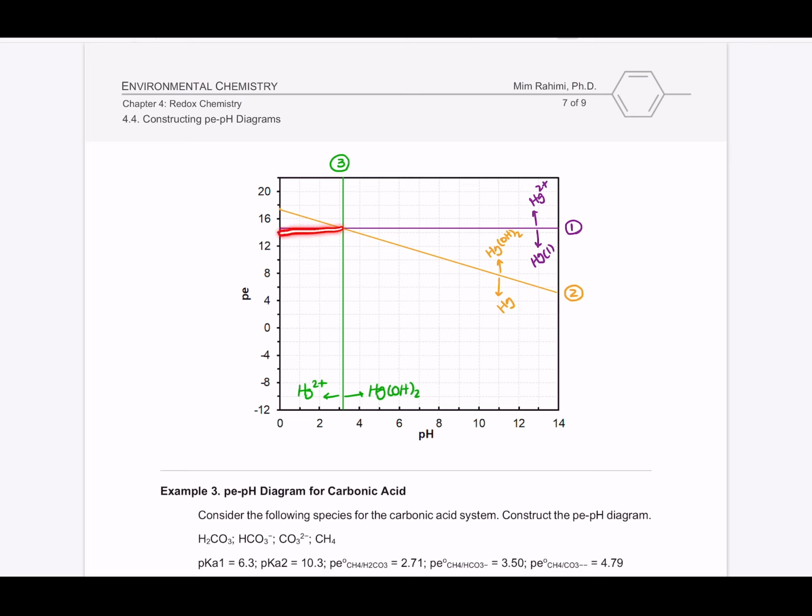But how about this part? This is the part where any kind of reaction related to Hg2+ could happen, because it doesn't contradict this information. And this purple line, this part, is talking about these two. So it makes sense that this part is the meaningful part.